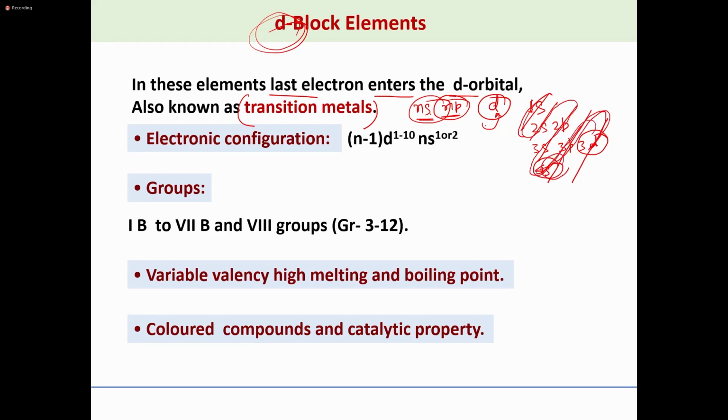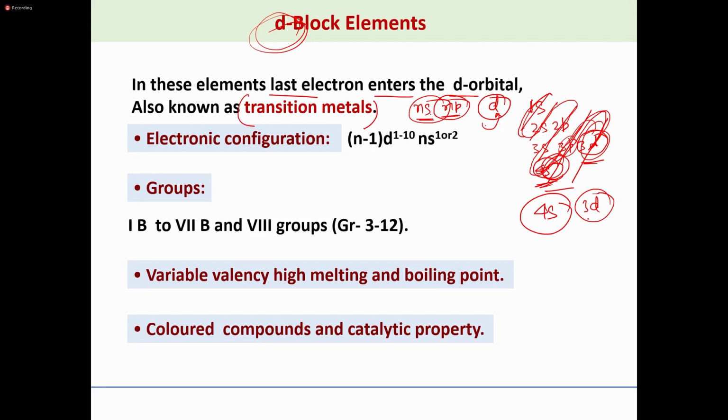So 4s first, then 3d. In this order, the electrons will be arranged. If you see the 4s and 3d, the electron first goes to the 4s orbital, then it goes to the 3d orbitals.